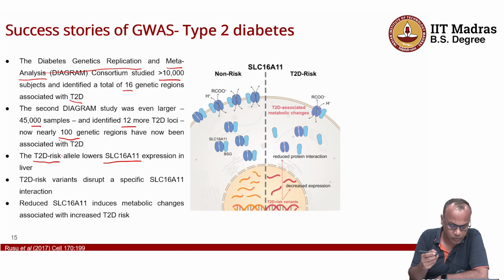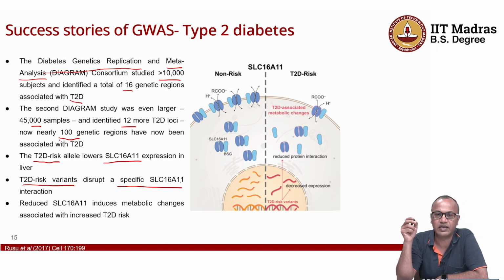So what it meant was that this particular variant or mutation was very specific for the SLC16A11 gene, and reduced expression led to metabolic changes in liver, which increase the type 2 diabetes risk.